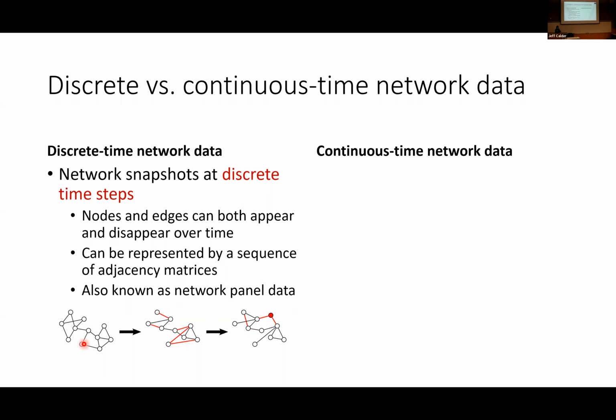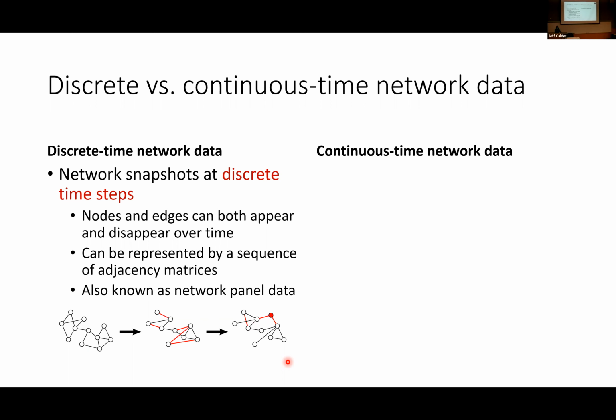This can be very easily represented by just a sequence of adjacency matrices: an adjacency matrix for the network here, an adjacency matrix for the network here, an adjacency matrix for the network here. It's also known as network panel data. I think this is pretty straightforward, just a sequence of adjacency matrices.